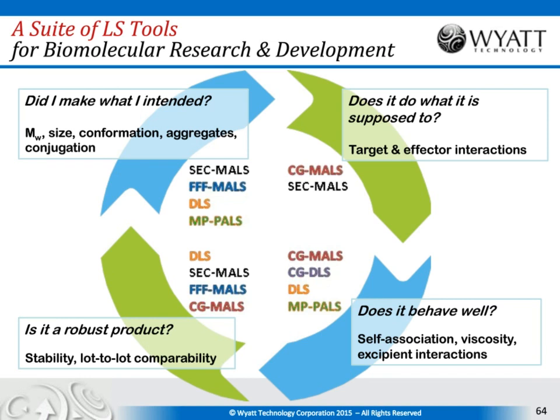There is thermodynamic non-ideality, and that's very important. And so if you take a single measurement, you will not get the correct molecular weight. What you need to do is measure a series of concentrations and fit that to the relevant equations, which the CG-MALS system, the Calypso system, does have in its software. And then you can determine both the molecular weight and any self-interaction, including repulsive and attractive interactions.